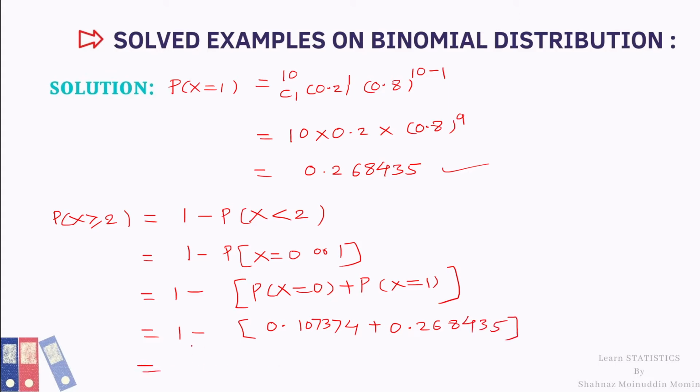By subtracting these two probabilities from 1, we get 0.624190. This is the probability of x greater than or equal to 2.